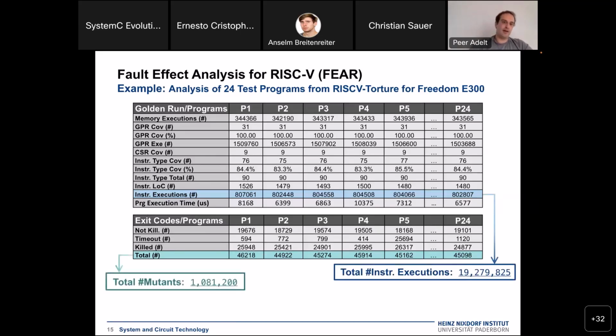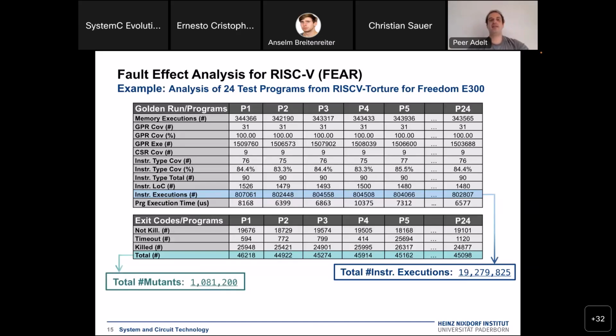Additionally, in our test configuration, in this specific example, we generated 1 million mutations. And putting those numbers together, we end up with a highly parallelizable workload. We can parallelize this approach quite well, because simulating program 1, for example, is completely different from simulating program 2.